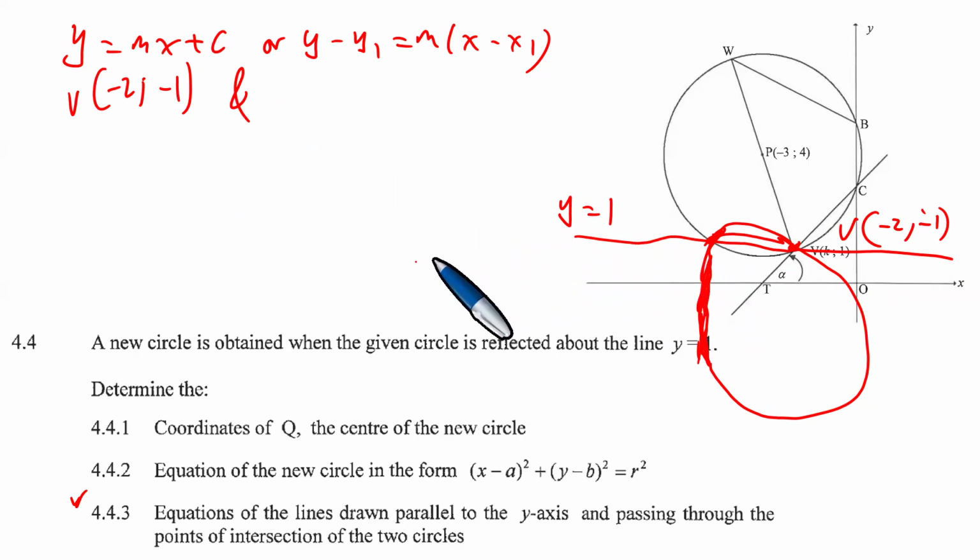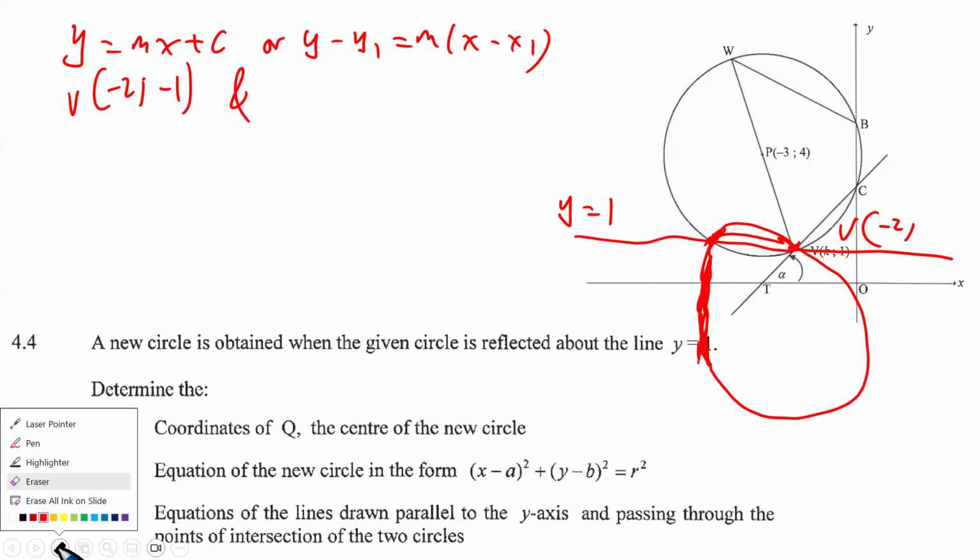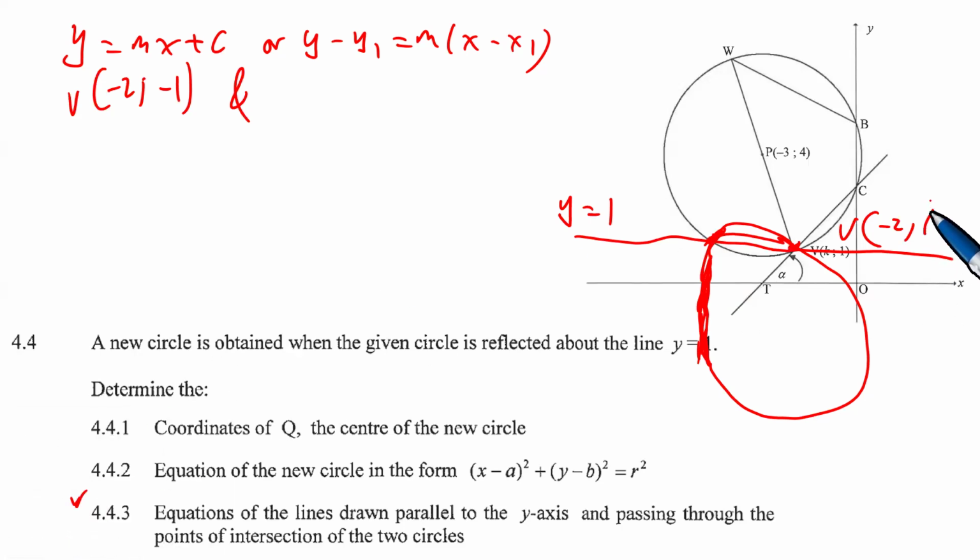At the point at which these two circles intersect, you're able to see that you have the point V with the coordinates -2 and 1, because y is 1. So it's -2 and 1. What then are the coordinates at the other point?